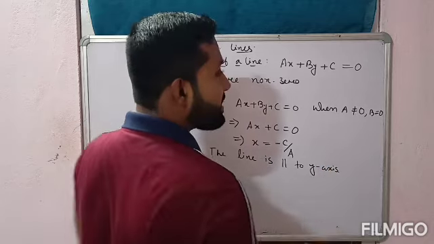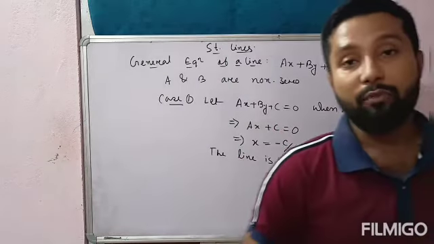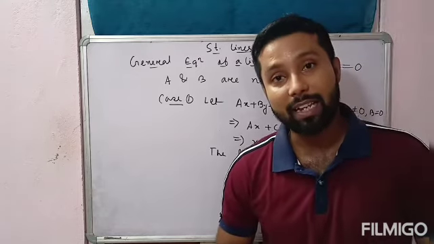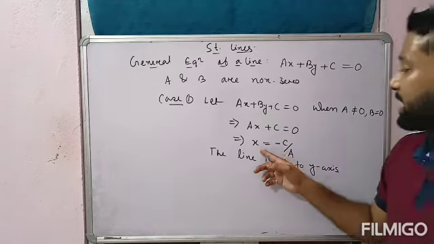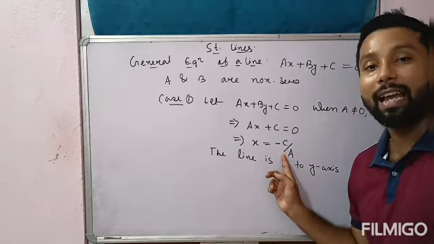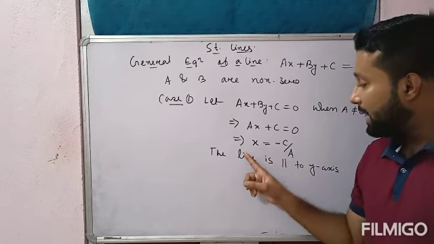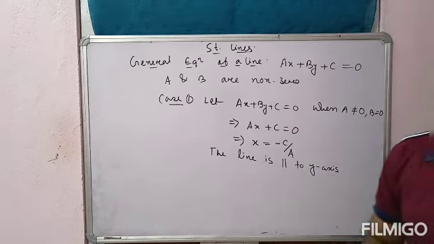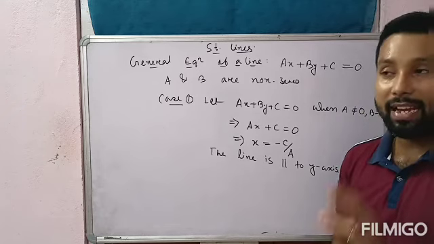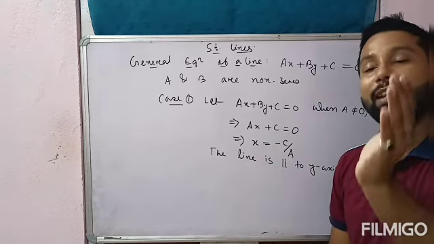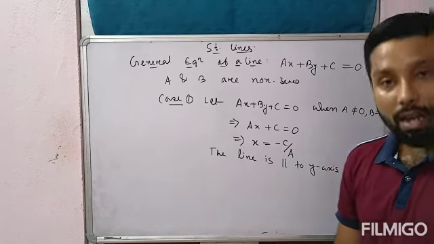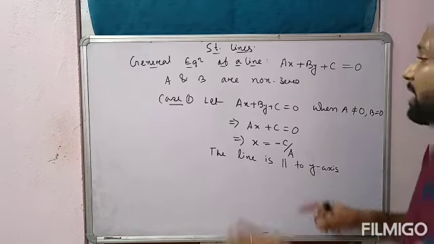Already I have discussed this part, the various forms of equation of a line. So if x equals any constant, then the line will always be parallel to the y-axis, right? So this is the first case.